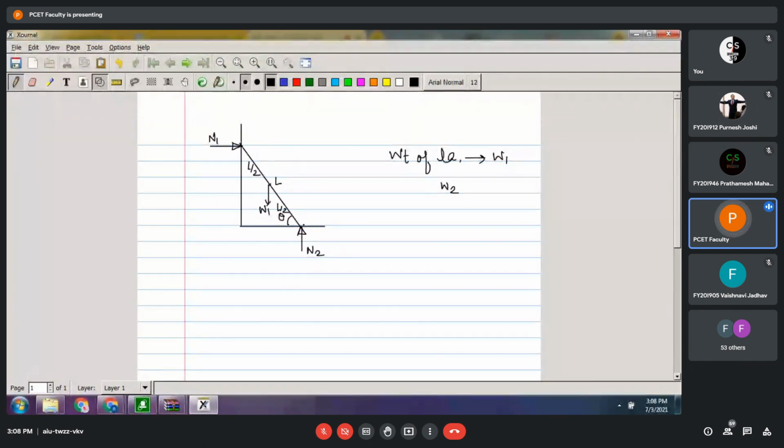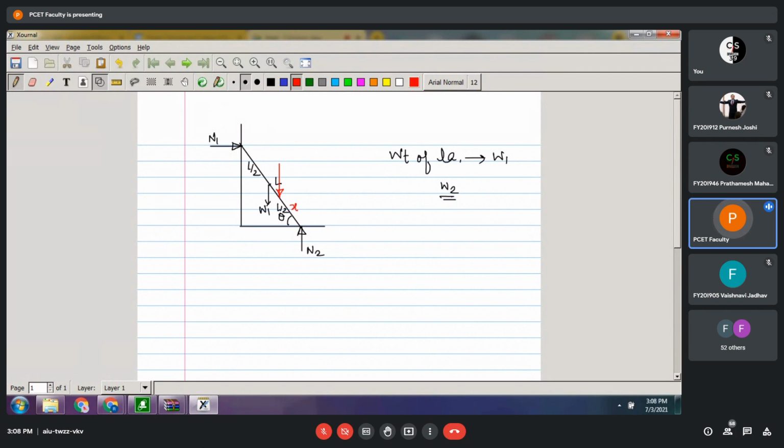What happens when any person with suppose weight W2 tries to climb on this ladder, maybe up to distance of X meter from this bottom point, or you can say X meter from this top point, he will be able to climb on the ladder safely.